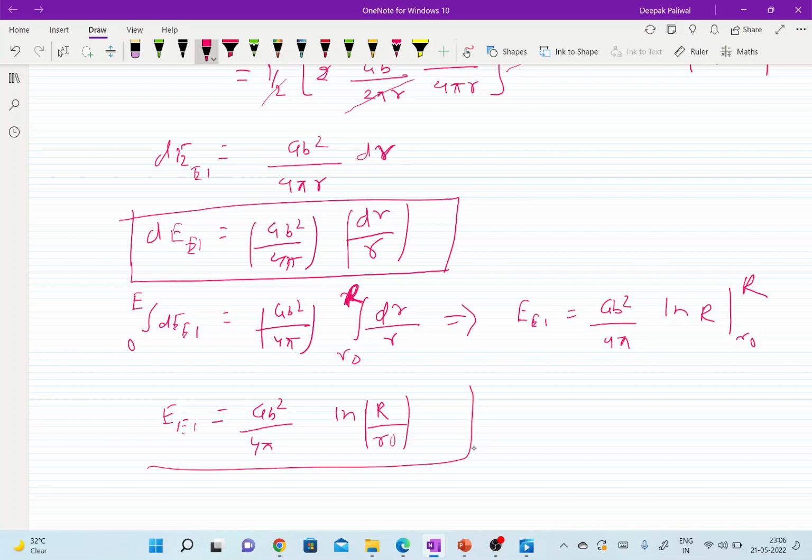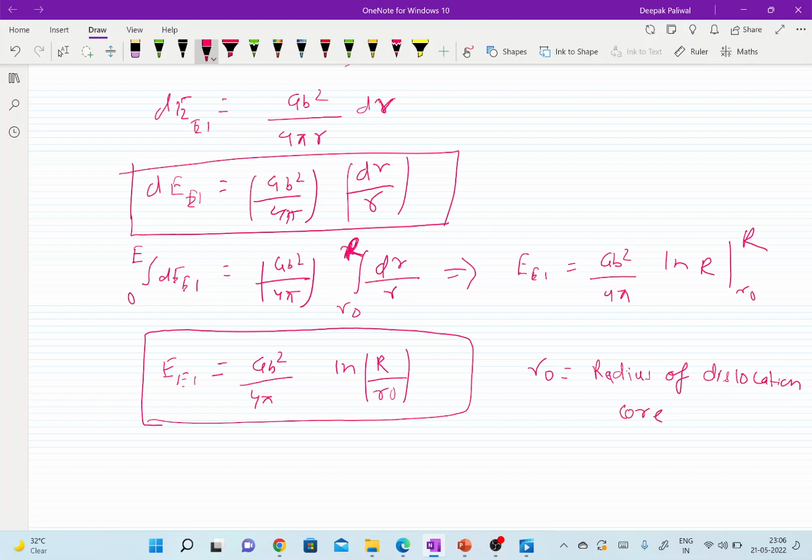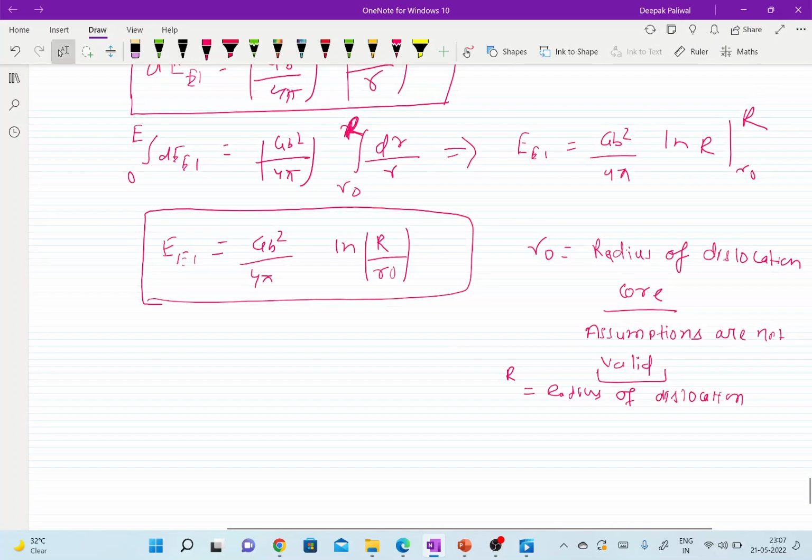That will be the final equation. Here r naught is the radius of the dislocation core, where our assumptions are not valid, and capital R is the radius of the dislocation.